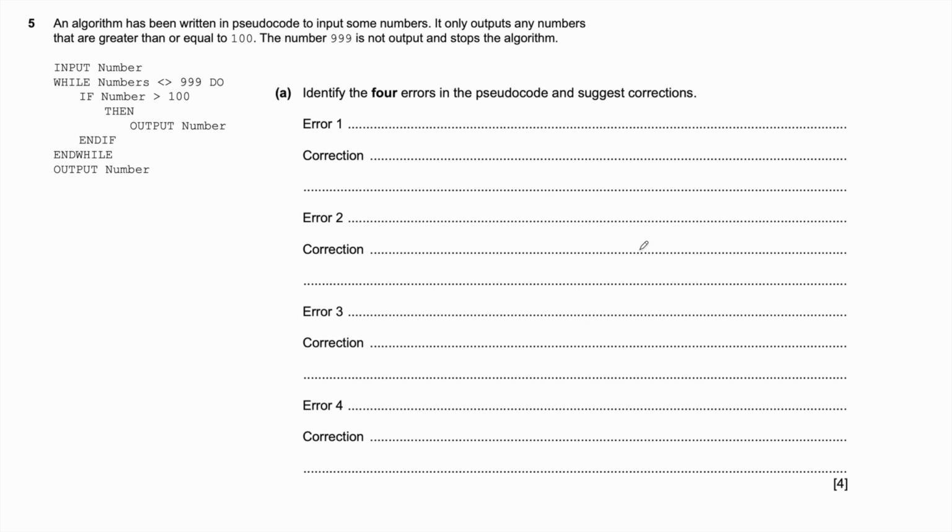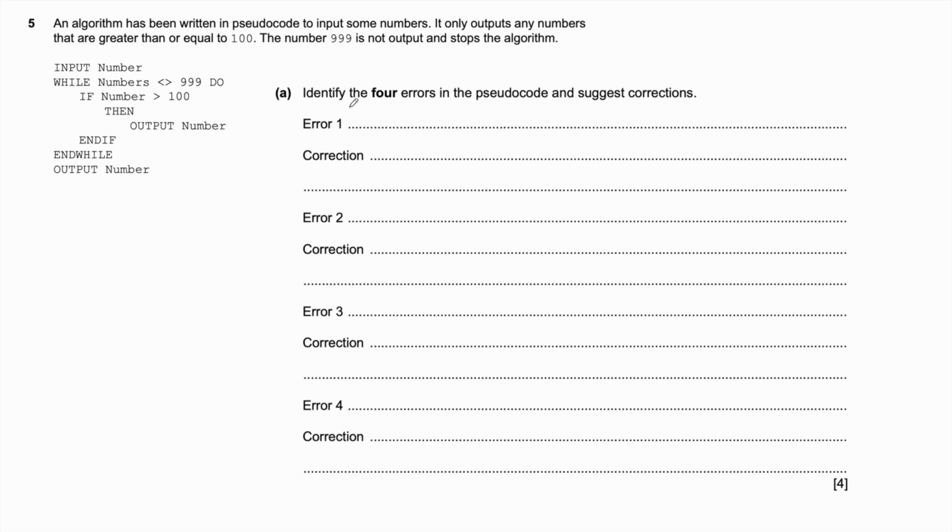So first thing to do is obviously have a little look through it and look for anything obvious. And the first thing that catches my eye is around number. So input number while numbers is not equal to 999 if number, right, so there's a mistake there.